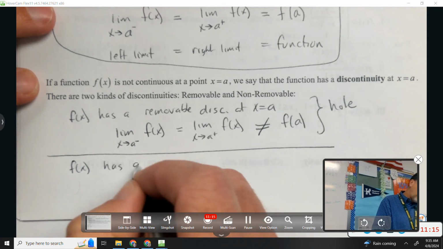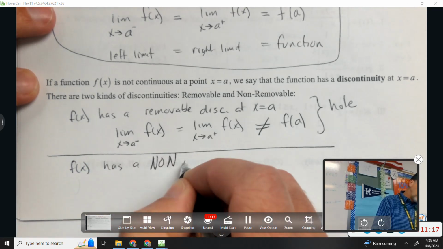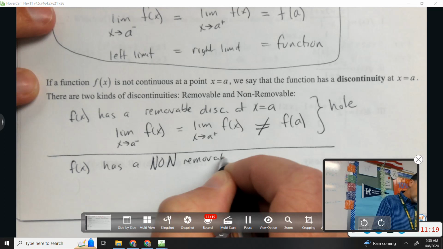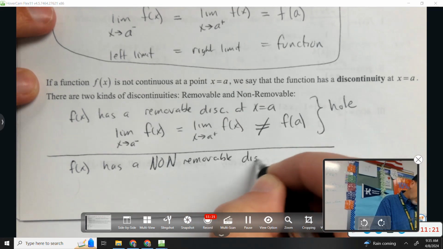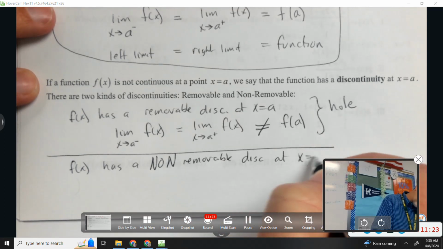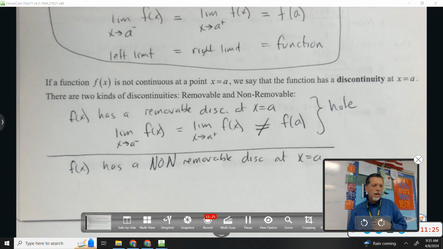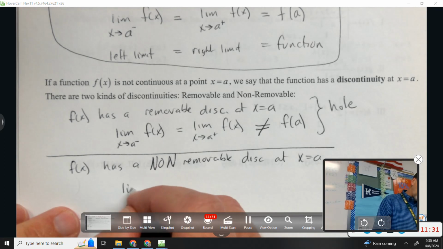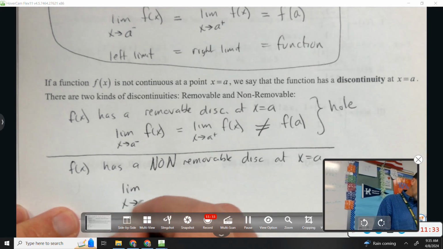f of x has a non-removable discontinuity at x equals a. Here the breakdown step is one step prior: the left limit doesn't equal the right limit.